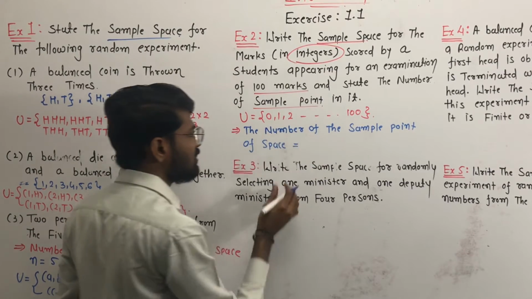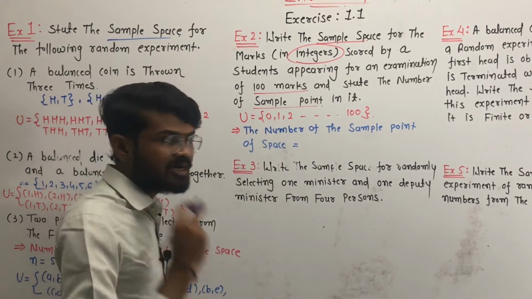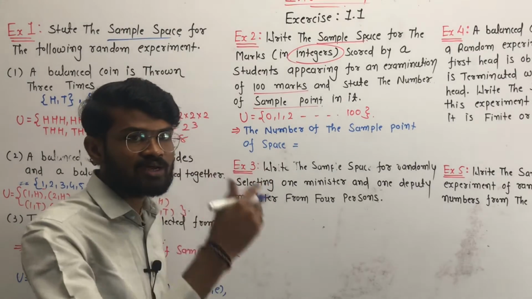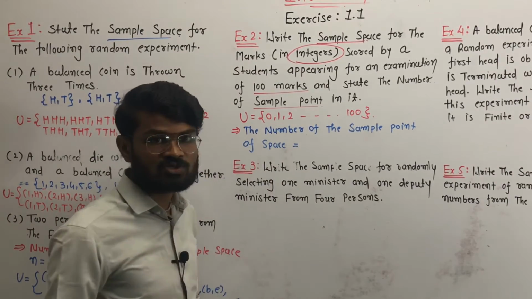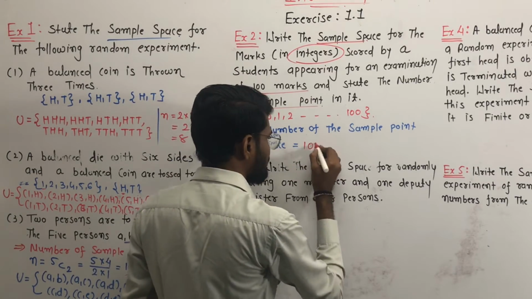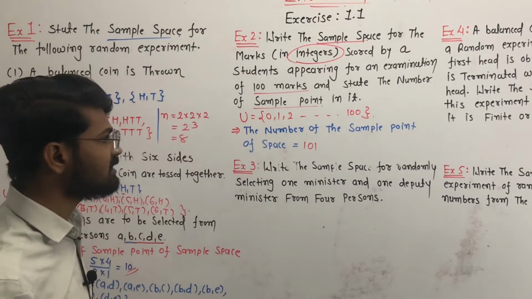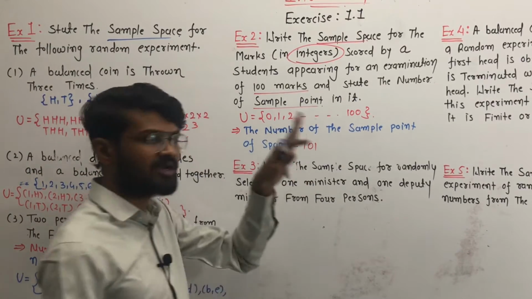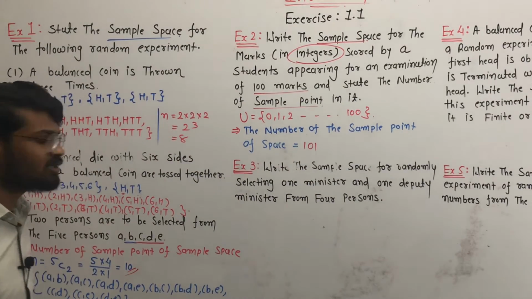How many will it be? 1 to 100 means 100, and 0. We have to add one more sample point. So 100 plus 1 is equal to 101. Yes, the number of the sample points in the sample space is equal to 101. Clear? Write it down.